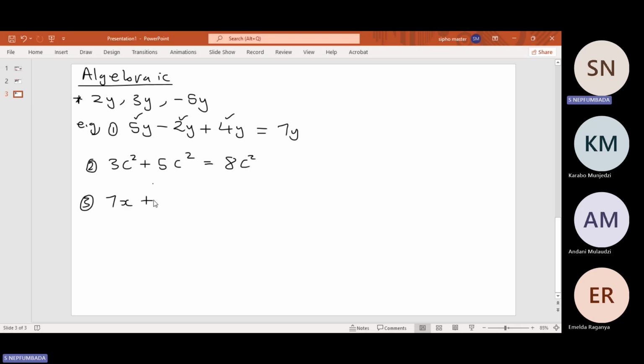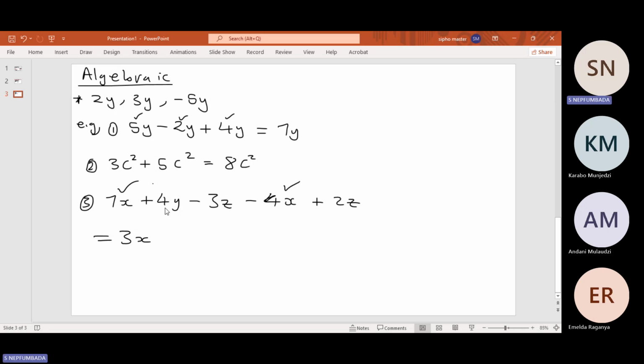7x plus 4y minus 3z minus 4x plus 2z. This is equal to the ones for x grouped together: 7x minus 4x is 3x.